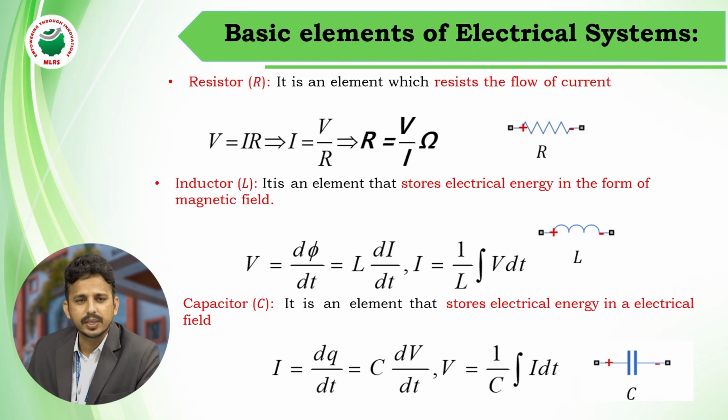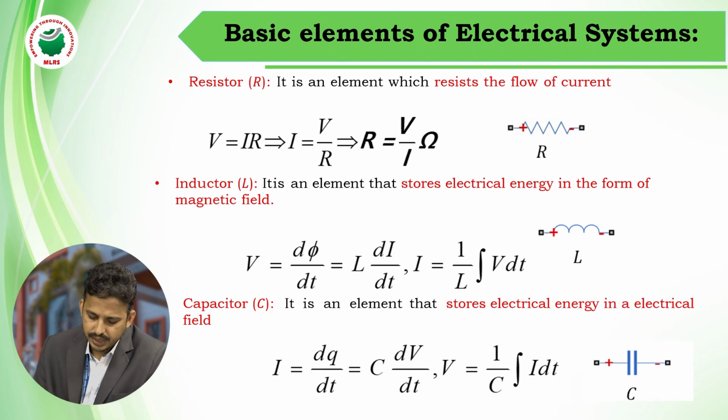The basic elements of electrical systems are resistor, inductor and capacitor. As we know, the voltage and current relationship in a resistor is V is equal to IR, so I is equal to V by R. An inductor is an element that stores energy in the form of a magnetic field.